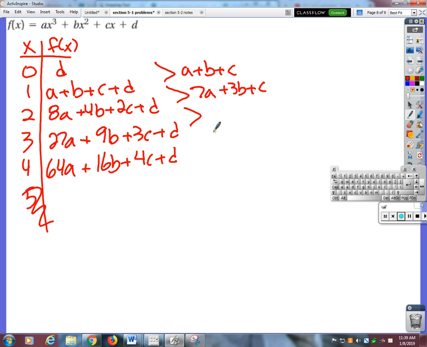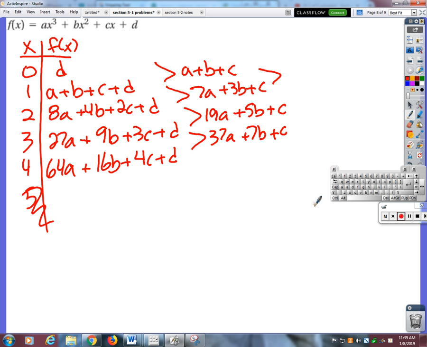All right, somebody said it, 19a. Good. Okay, and then the d's cancel. What do you get if you subtract these? 37a. Good. All right, so those are the first differences. Are they the same? No, but we wouldn't expect them to be because it's not linear, it's cubic.